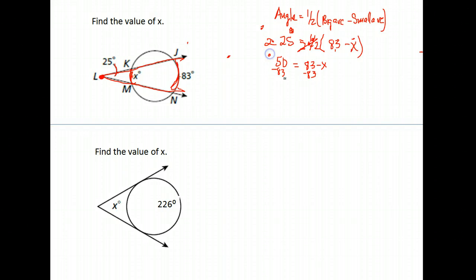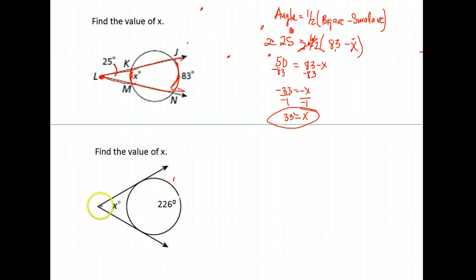When I do that, I get negative 33 equals negative x. So that means, divide by negative 1, x is 33 degrees. So again, don't always just subtract and divide by 2. Set up the equation so you know exactly what you have and what you're looking for.